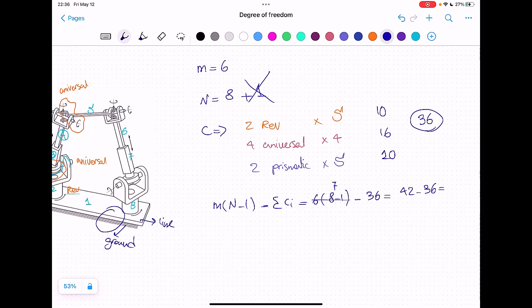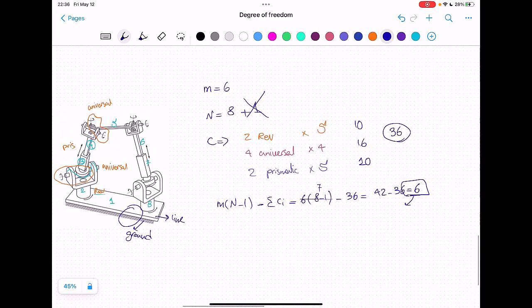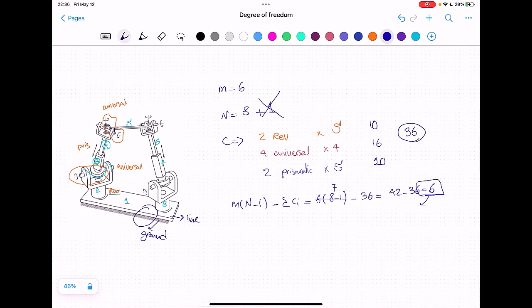We have 6 degrees of freedom. So in this example, we have 6 degrees of freedom. Our mechanism has 6 degrees of freedom.